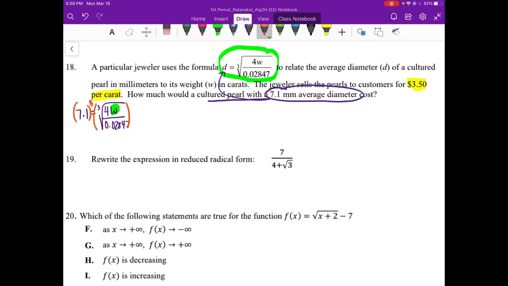So I'm going to start by cubing both sides to get rid of that cube root. I get 357.911 equals 4W over 0.02847. I'm going to now multiply by 0.02847 on both sides.